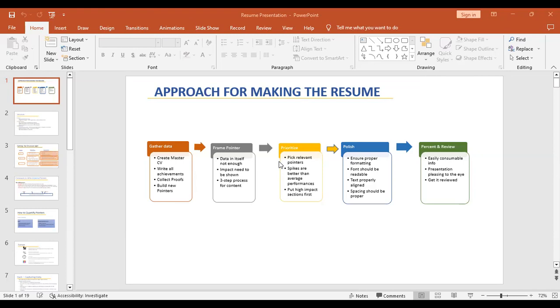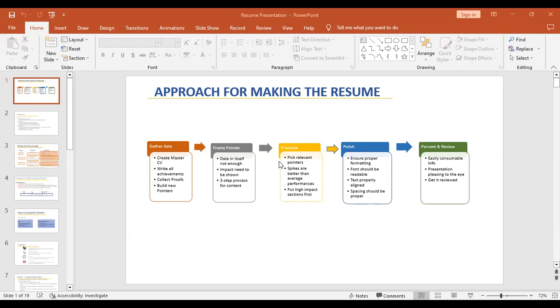Once all these things are ready, it is easy to digest. It should be eye soothing, you know, मतलब उसकी आंखों को अच्छा लगेगा कि नहीं, and hence it will be easily consumable. So he will be able to relate with every piece of information that you have mentioned. Okay. Get it reviewed? Yes, definitely you should revise it.